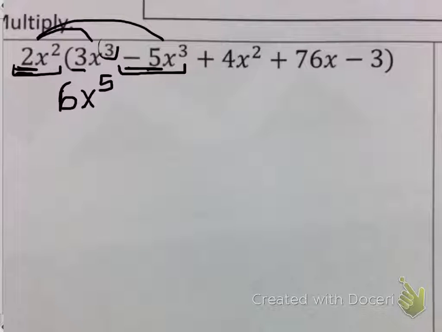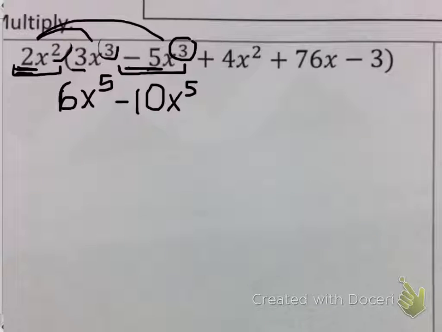So we're going to take our 2 and multiply it by a negative 5, which is a negative 10. Then we can put our x down, but we still have to add these exponents. And 2 plus 3 is 5. Just gave you the answer there.